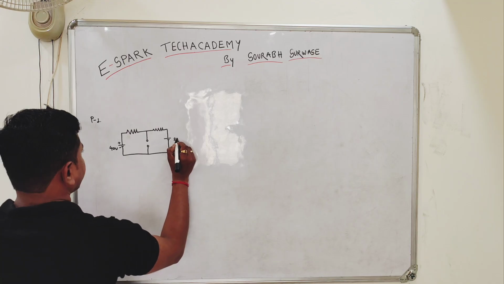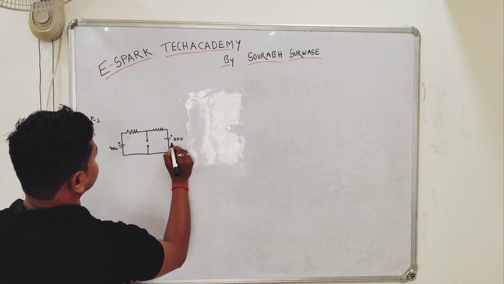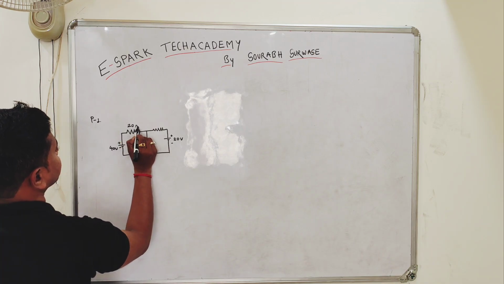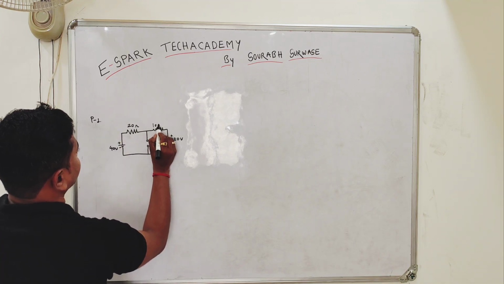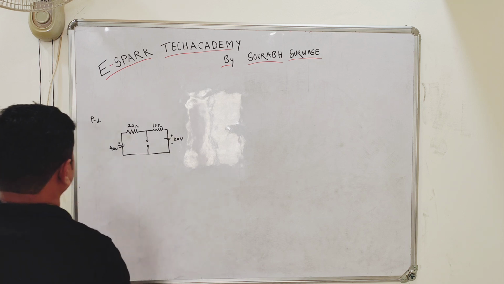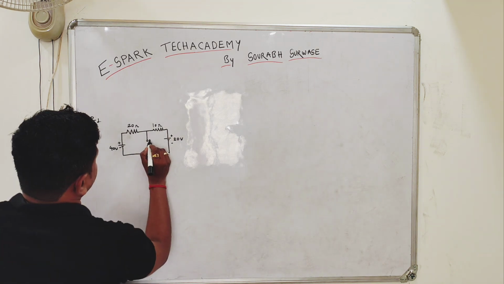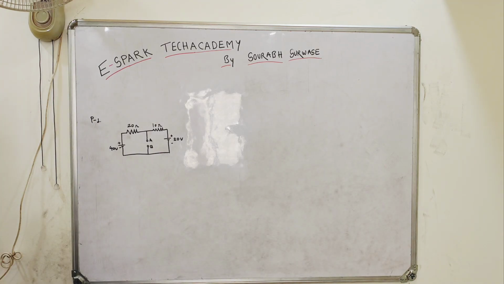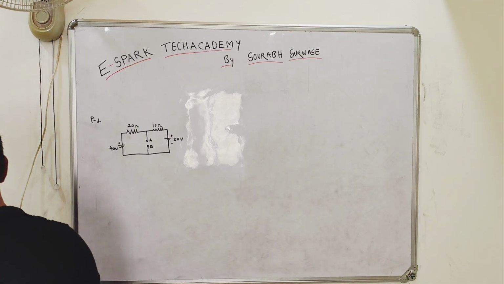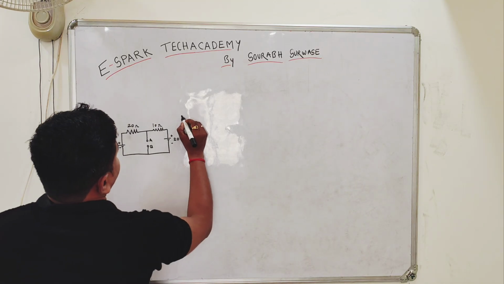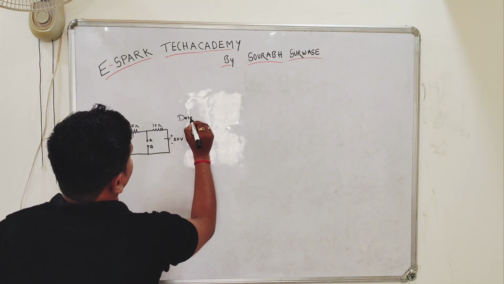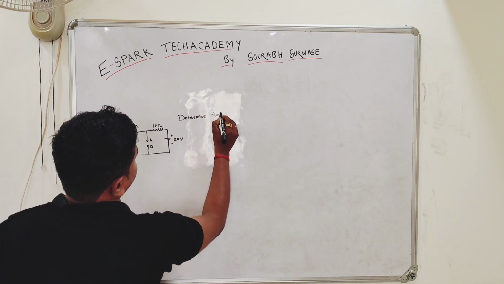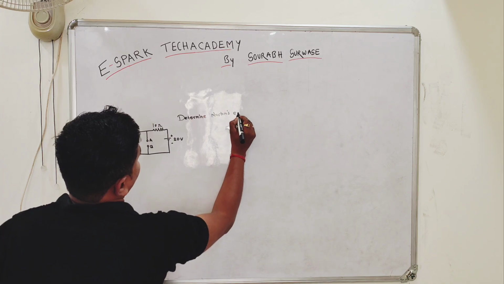Here it is given as 20 volt. The resistance values are 20 ohm and 10 ohm. Now this is the point A and B where we will be calculating the Norton short circuit current. Now they have told us to determine Norton's equivalent.